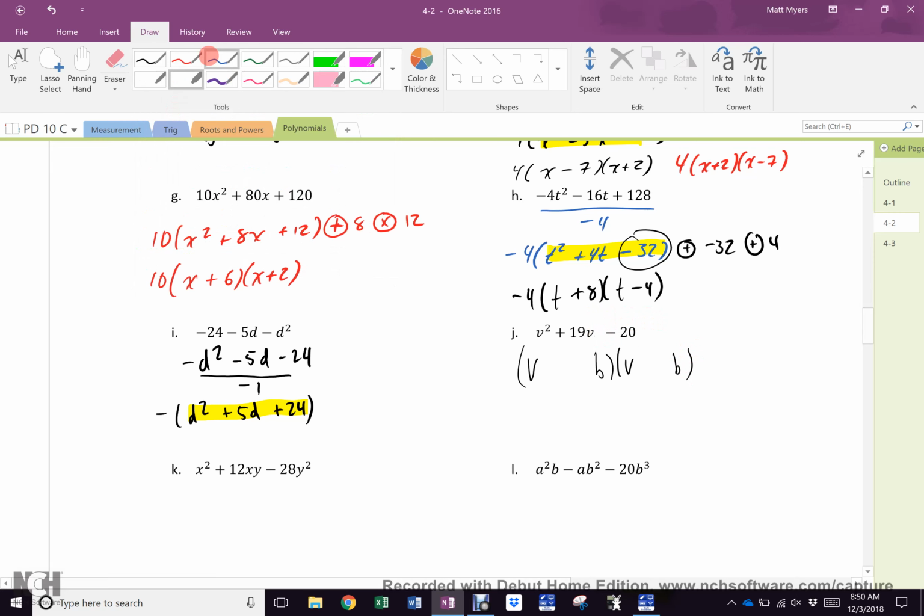What would you do for that? Well, you would need to add to 19 and multiply to negative 20. What is it? 1 and 20, right? Which one has to be negative to get to 19? 1. So it's v minus 1, v plus 20. And then, because I have a b there, I've got to have a b here. Everybody cool? Great. You guys do K.